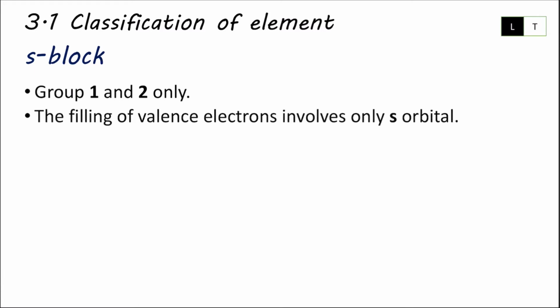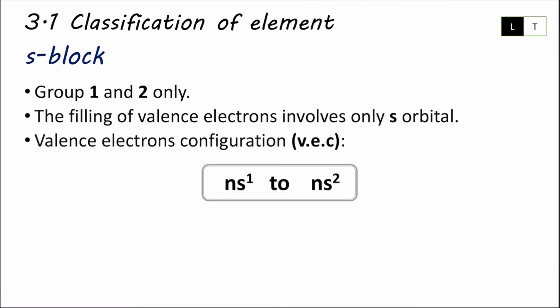Let's go with the first block, S block. S block is only for group 1 and group 2 elements, where the filling of the valence electrons involves only s orbital. And for S block, we have a specific VEC, which will be ns1 until ns2.